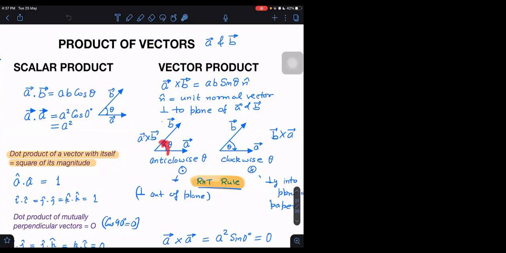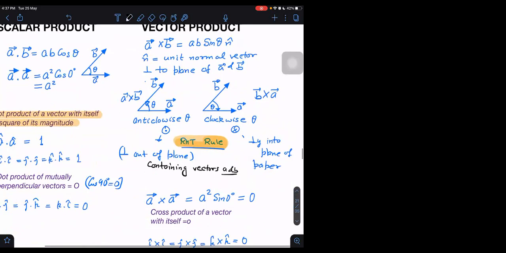This arrow is giving us the angle's direction, that is coming out to be anti-clockwise. And remember, anti-clockwise means it is pointing perpendicularly out of the plane containing vectors A and B.